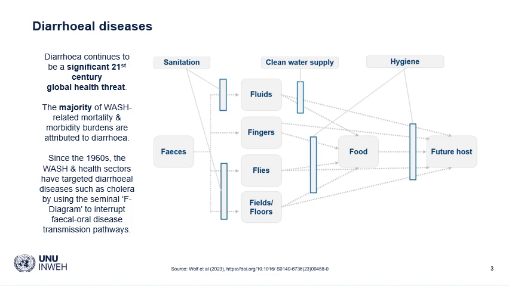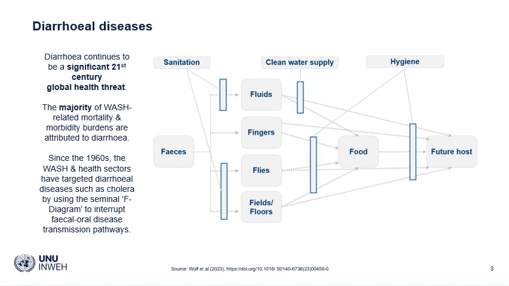Fingers represents the direct contact between contaminated hands or fingers and the mouth, which can occur through poor hygiene practices such as inadequate hand washing after using the toilet or before handling food. This pathway transfers fecal pathogens directly into the gastrointestinal tract, leading to infection and disease.